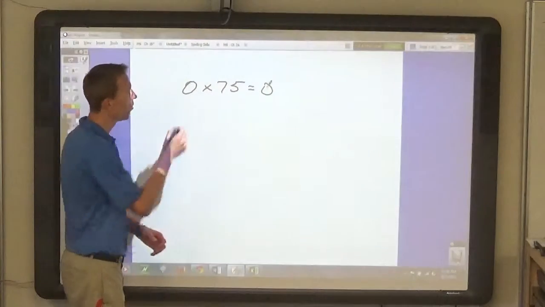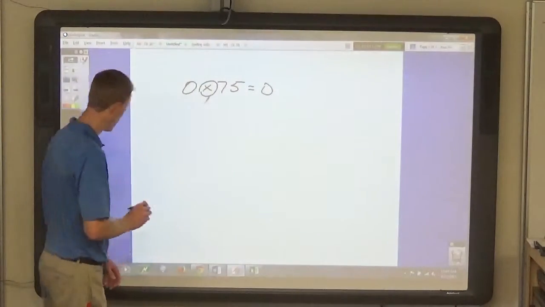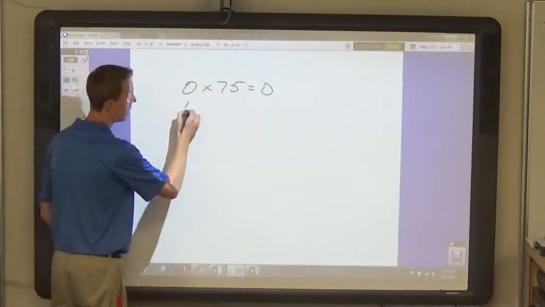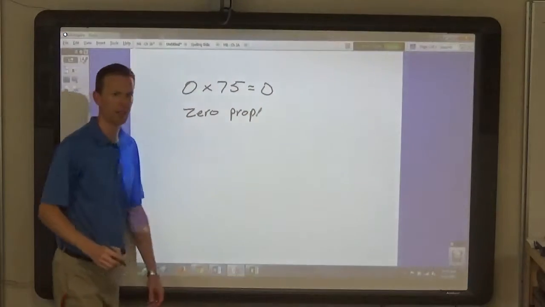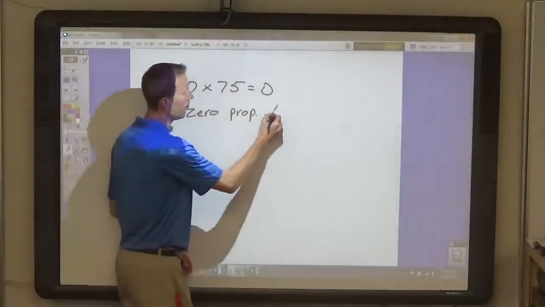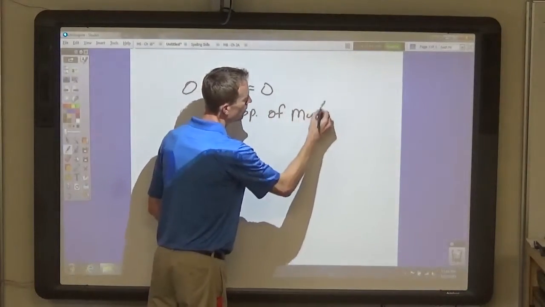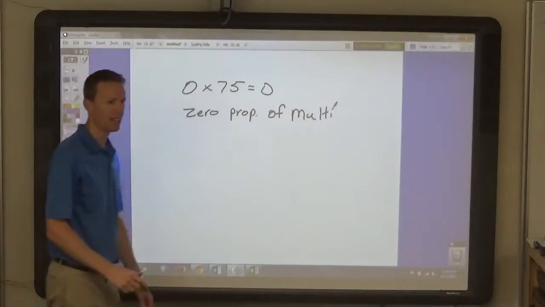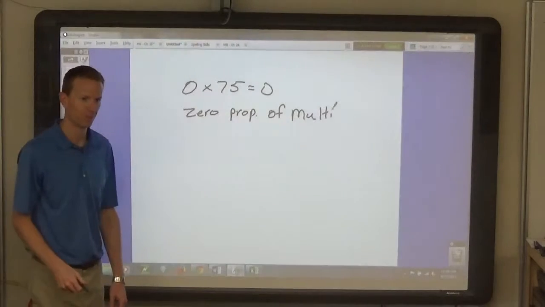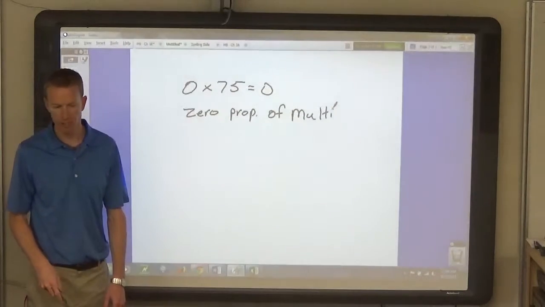No. What are we doing? What operation are we doing? Multiplication. And that's what you have to write. Zero property, and you can write PROP, of multiplication. You can write that. Zero property of multiplication.